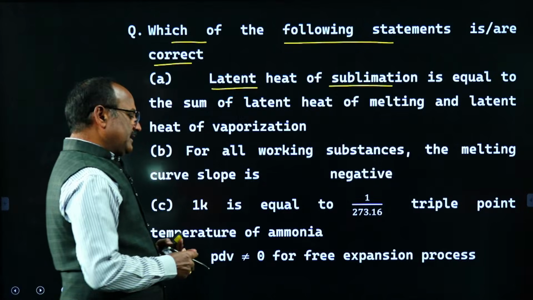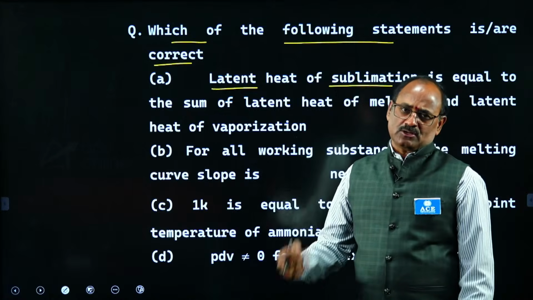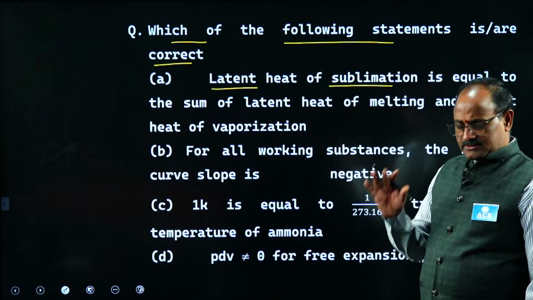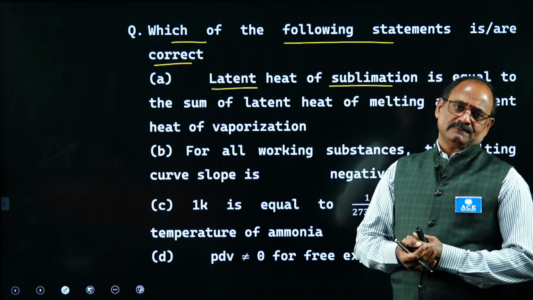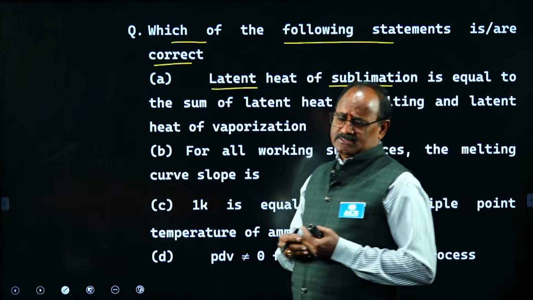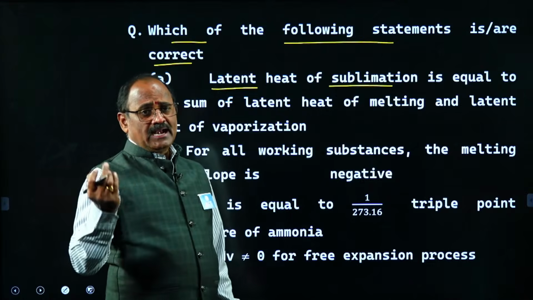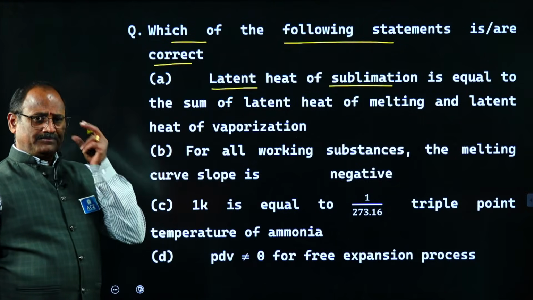Desublimation is the reverse, opposite process of sublimation. The direct phase change from solid to vapor without the intermediate liquid phase is called sublimation. The direct phase change from vapor to solid is called desublimation.